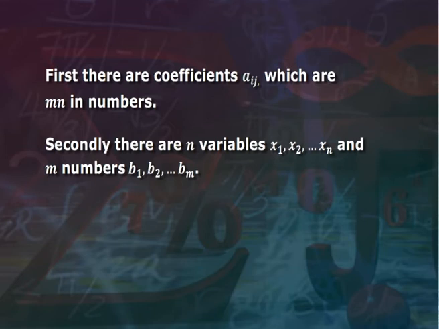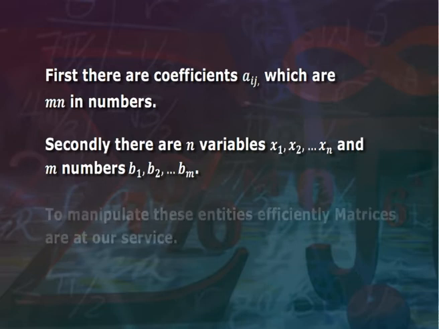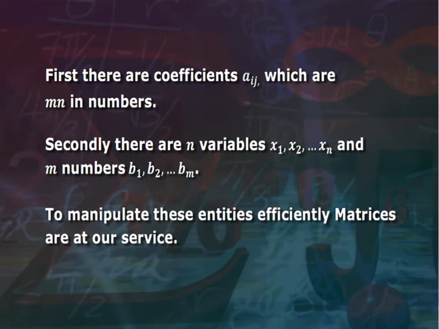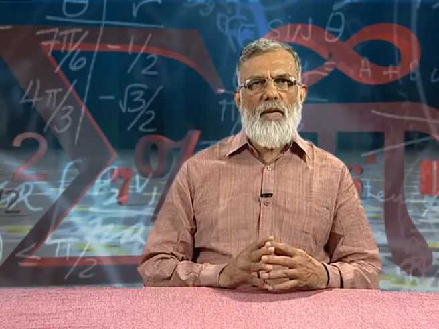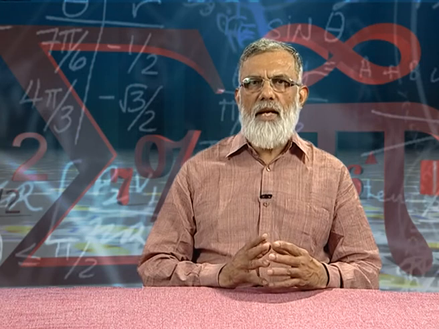Secondly, there are n variables x1, x2, up to xn and m numbers b1, b2, up to bm. To manipulate these entities efficiently, matrices are at our service. So, we formally define a matrix as simply an array of entities, usually of numbers and variables.